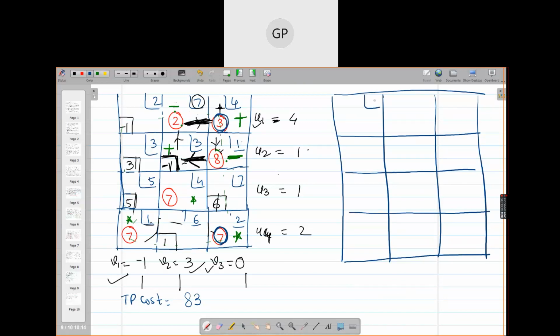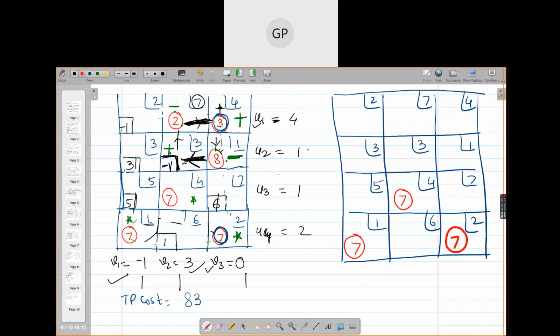Okay, so 2, 7, 4, 3, 3, 1, 5, 4, 7, 1, 6, 2. Now I am writing the allocations as they are in the previous table, in which I have put a star. Okay, so these allocations will remain as they are: 7, then 7, and 7. Coincidentally, they are the same here.